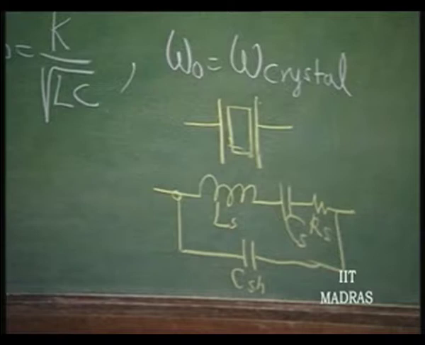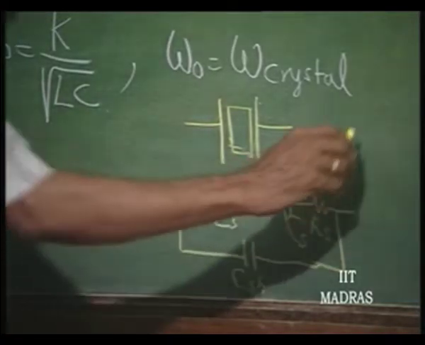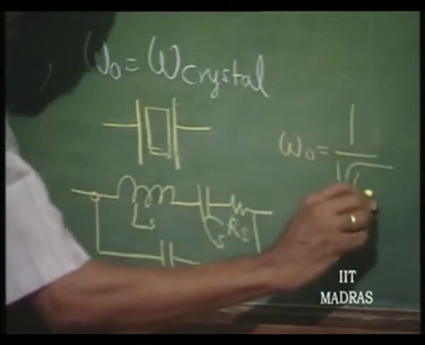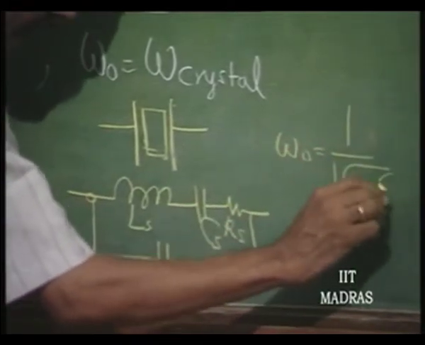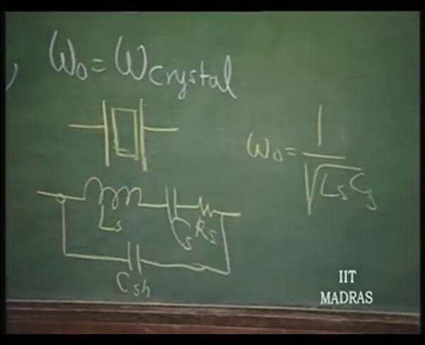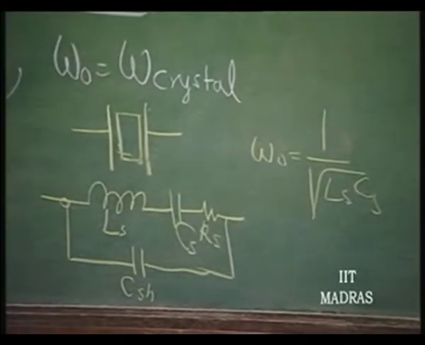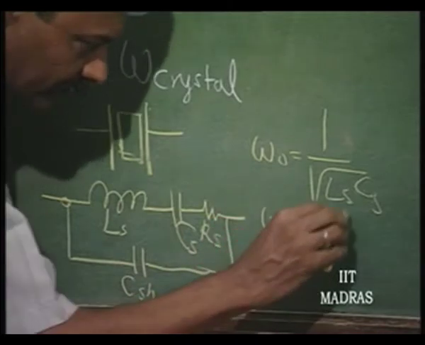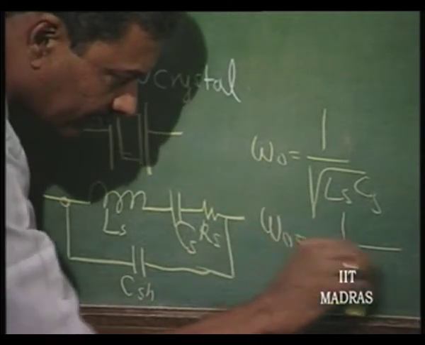And therefore, the series resonance frequency is omega naught equal to 1 over root Ls Cs, and the parallel resonance frequency is omega naught equal to 1 over root of L times Cs C shunt divided by Cs plus C shunt.